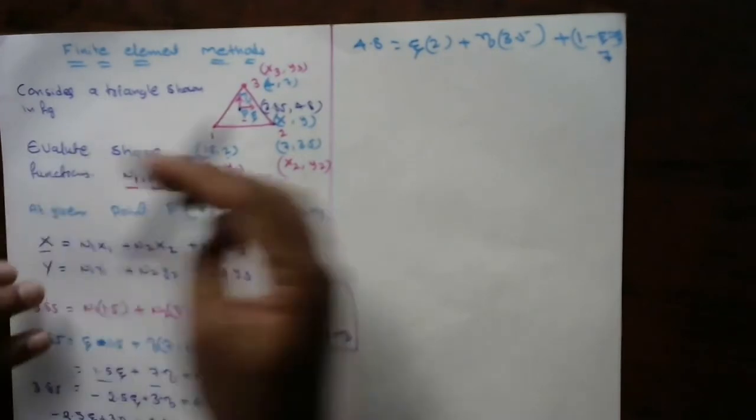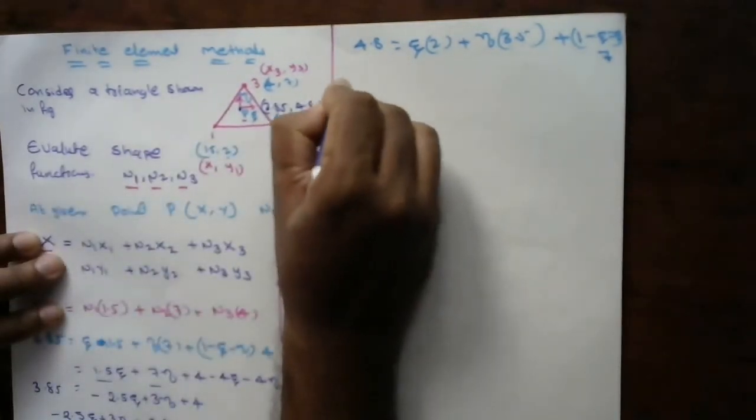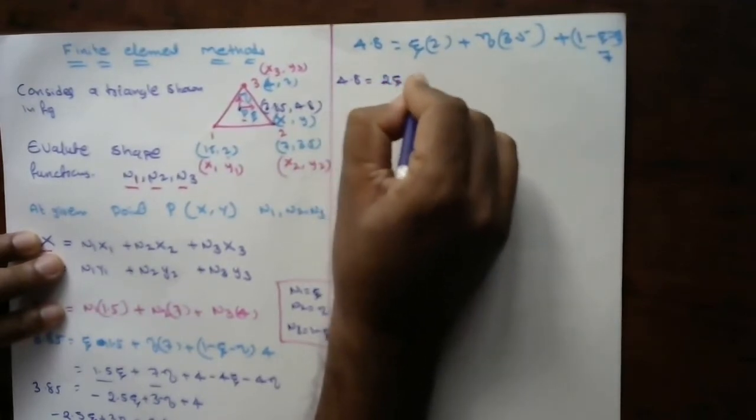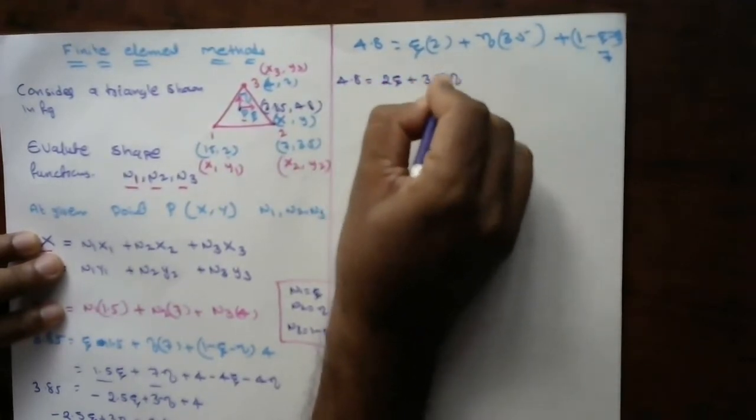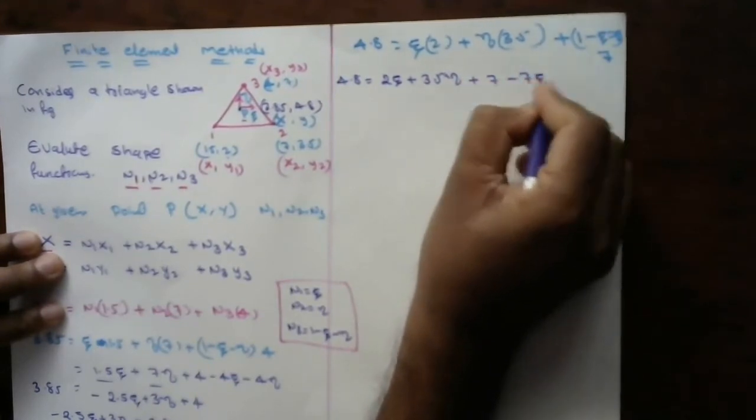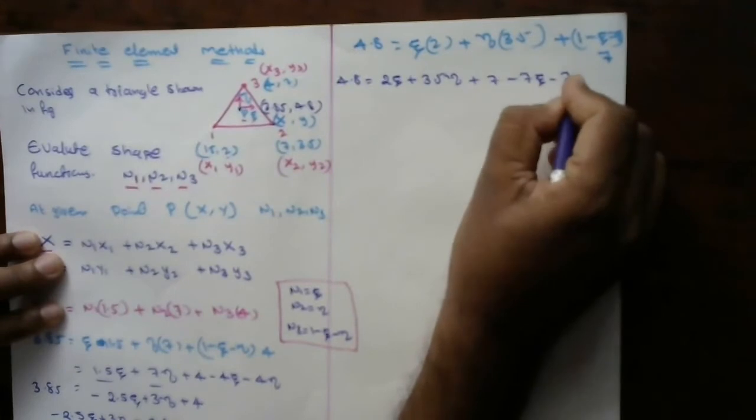So if you simplify this, it can be written as 4.8 is equal to 2 times zeta plus 3.5 times eta plus 7 minus 7 zeta minus 7 eta.